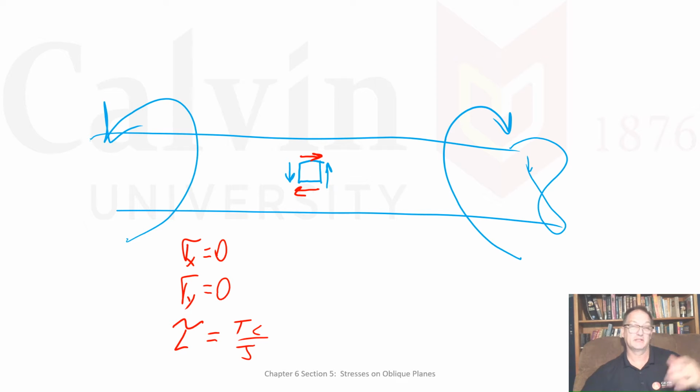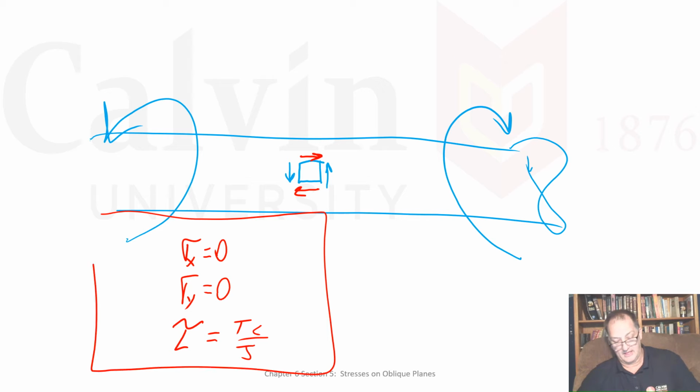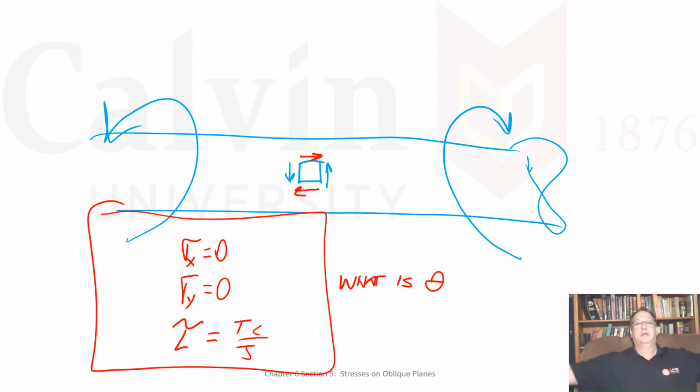Chapter 3 was strains, but 2 was stresses, and we're going through stress and strain transformations. We're starting with this as our starting point. Now, we have to ask, what's theta? Isn't it more interesting to say we could do it for any theta? If you're going to do it for any theta, then all we're looking at is Mohr's circle.